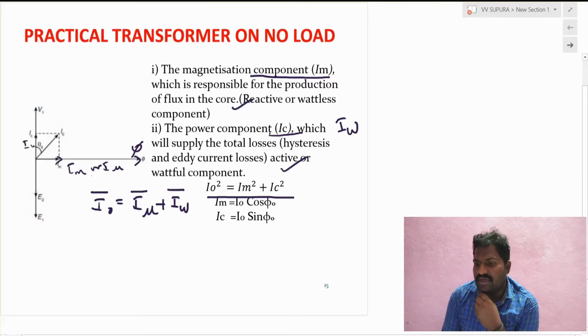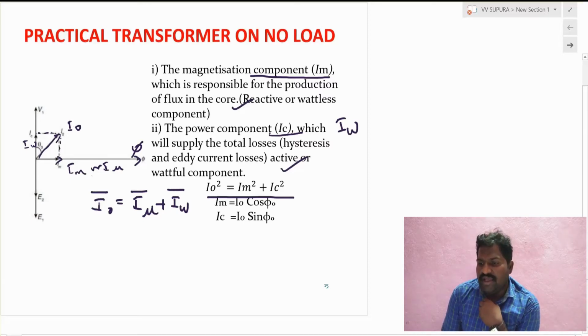The vector sum of the magnetizing component I mu and working component IW is called the no load current, represented this way. This is I naught.